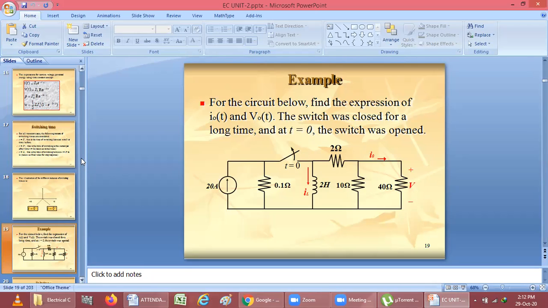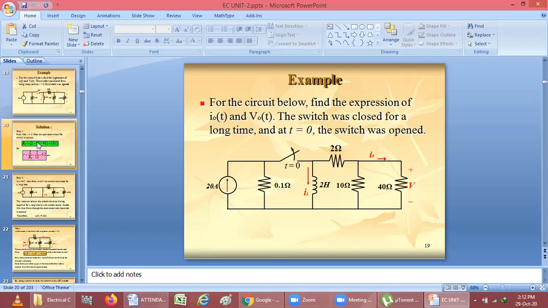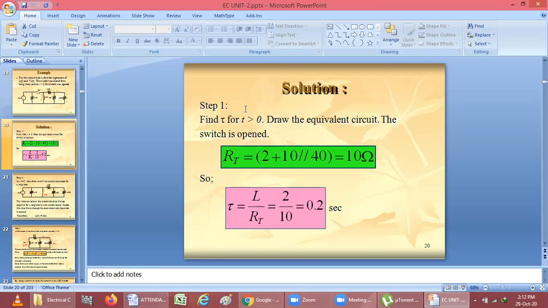So firstly, if there is any question on RL or RC circuit, we have to derive the time constant.